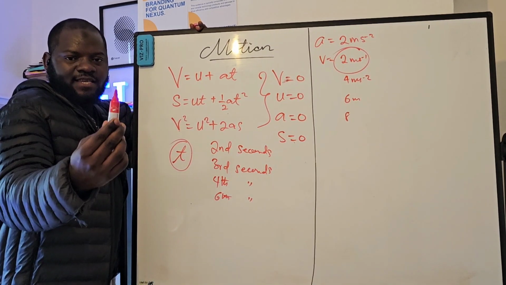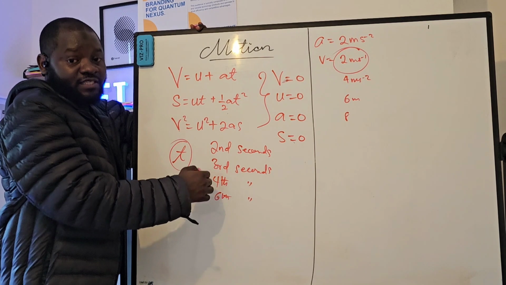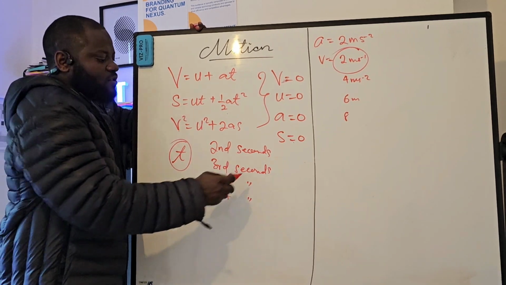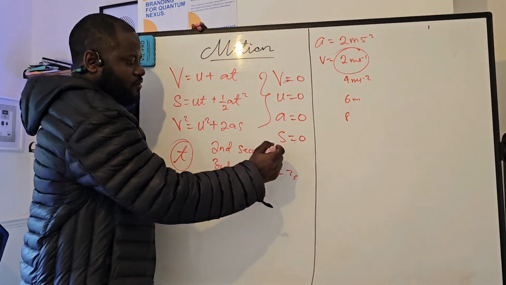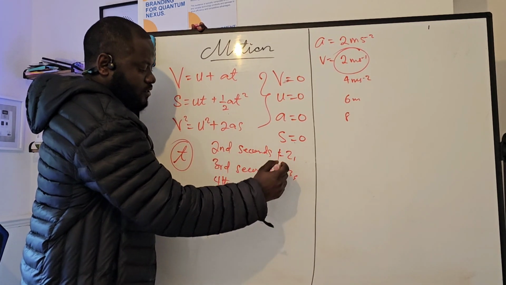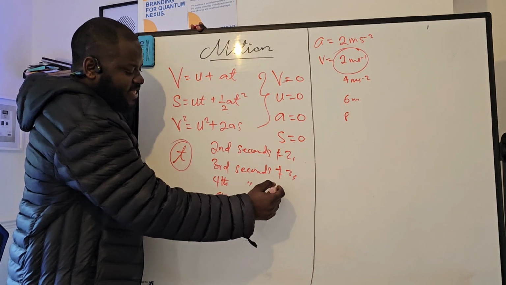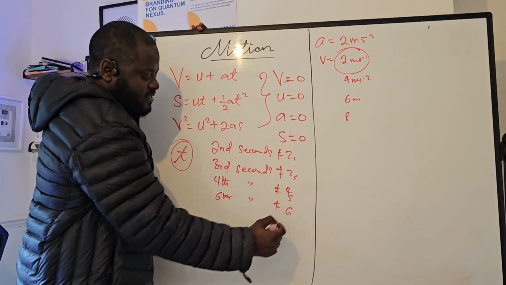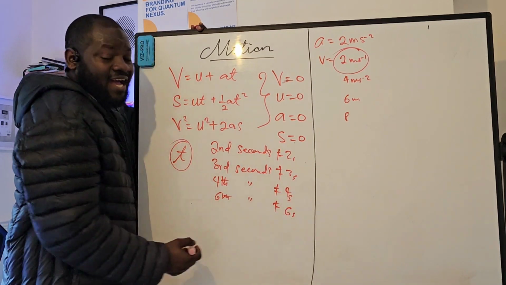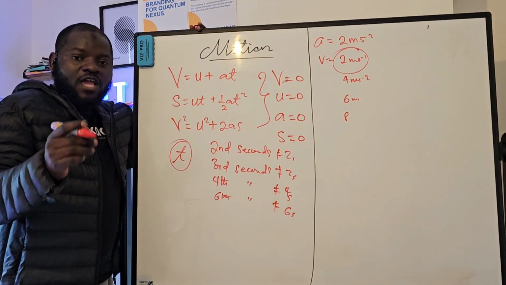Don't make the mistake of taking time to be 3 when it is third second. It's not the same thing as 3 seconds. When it is fourth second, it's not the same thing as 4 seconds. When it is sixth second, it's not the same thing as 6 seconds. And the list goes on. You have to note that.